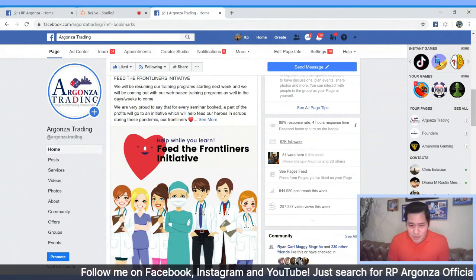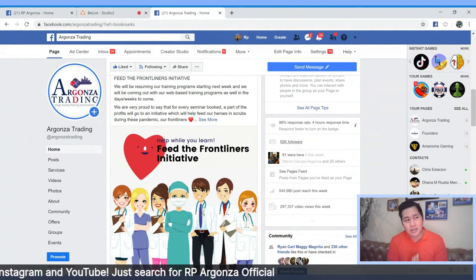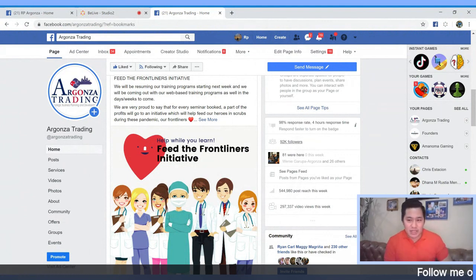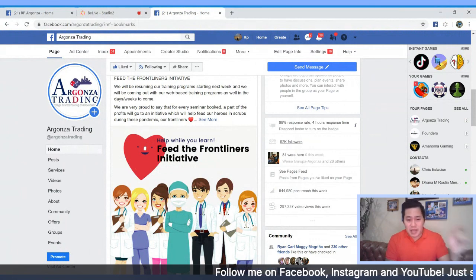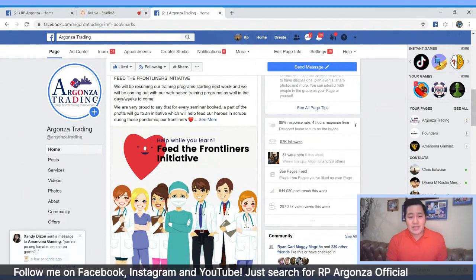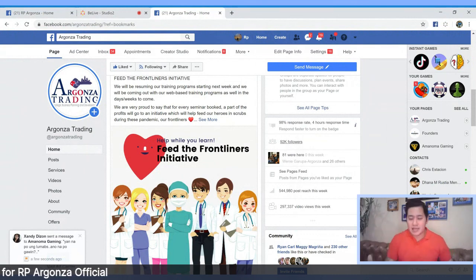Okay, and let's assume that from this 90,000 followers, I can only sell to about, let's say, 15%, or not even 15%. Let's say 10,000 people. So if you multiply 10,000 people by 100 pesos, that's already a million pesos per month if I'm able to do this on a monthly basis.